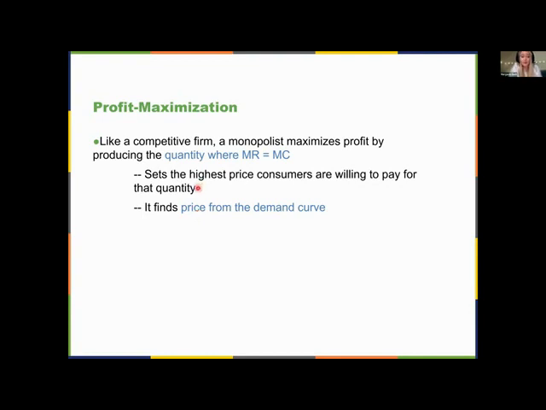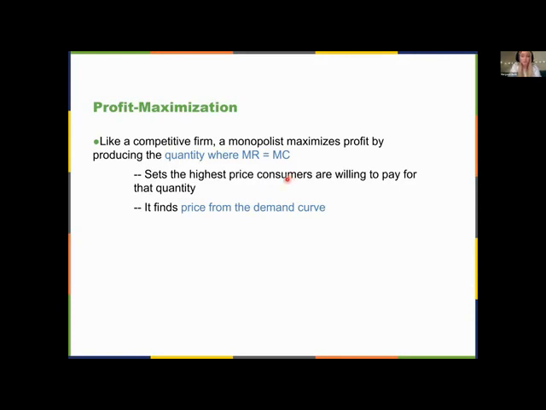Because a monopoly is the only firm in the market selling this particular good or service, they basically can set the price to the highest price consumers are willing to pay for that quantity. So not just setting the price at the marginal revenue, they can set the price even higher than their marginal revenue. They can set the price all the way up to consumers' maximum willingness to pay.